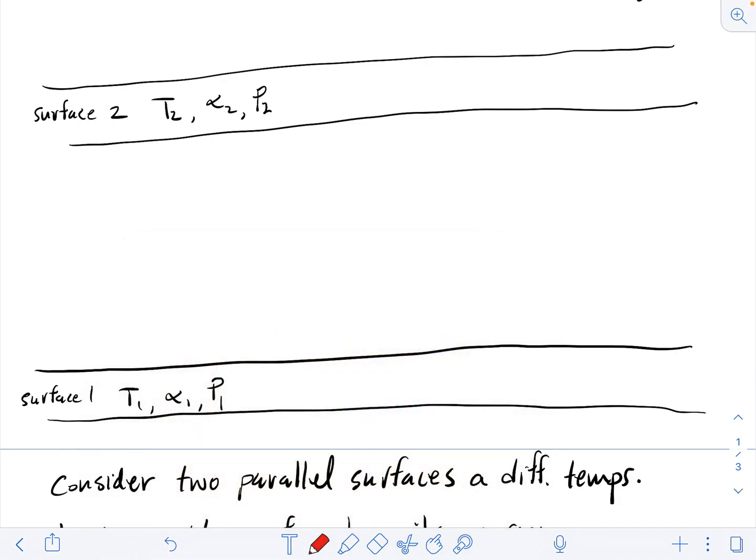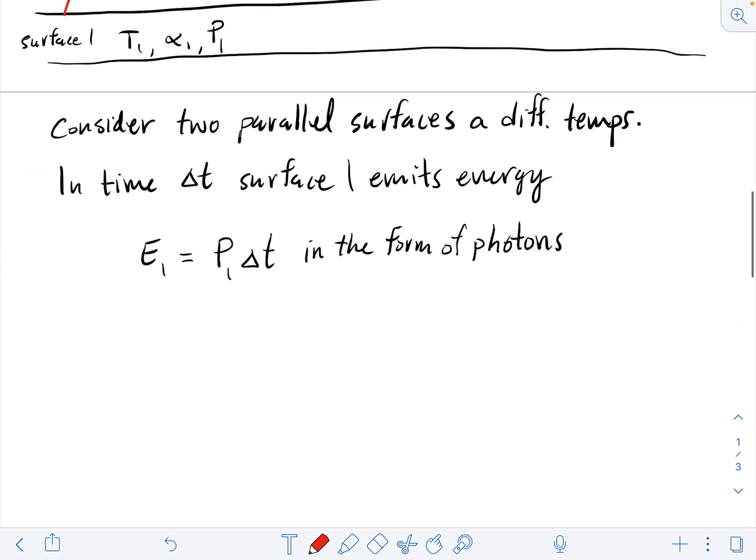All right, so we go back to our picture, and we have energy E1 that's emitted from this bottom surface, and it's directed towards the second surface.